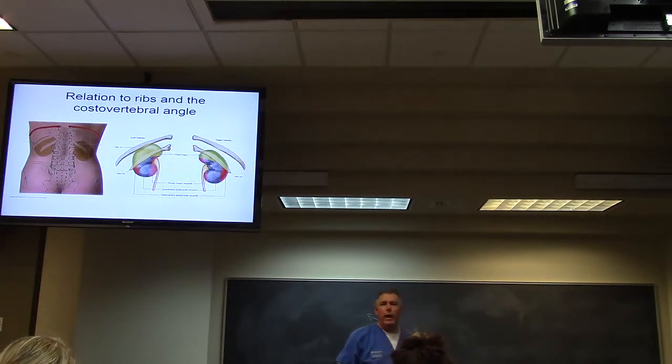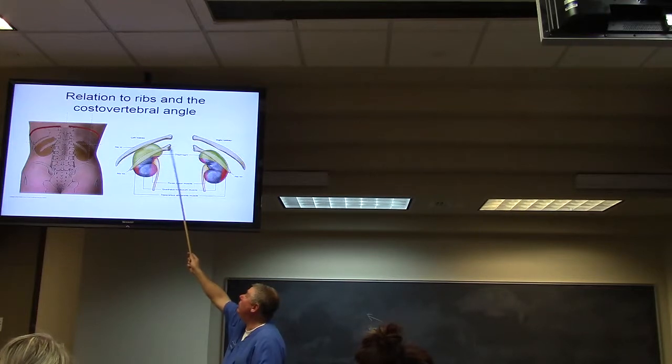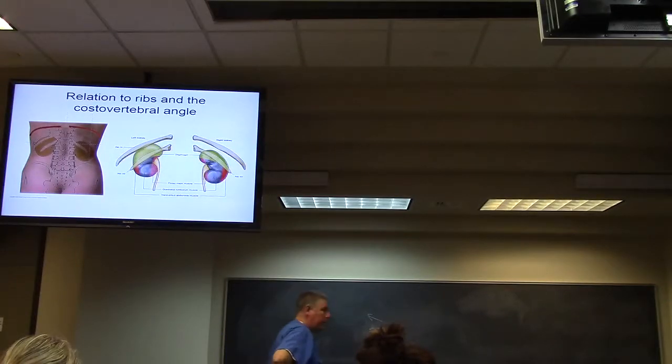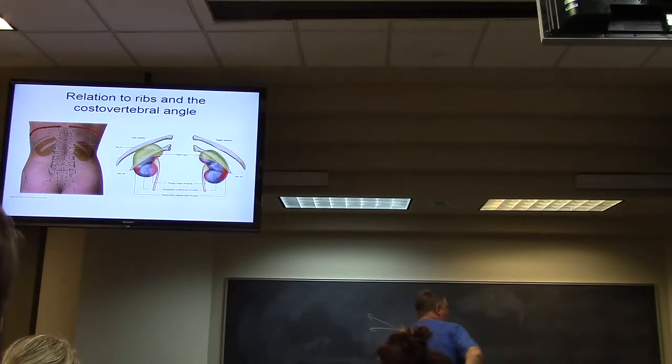The kidneys are located in what are called the CVAs, costovertebral angles. This is your CVA right here. If you have a kidney infection, the physical exam maneuver you want to do is hit on the kidney right there.